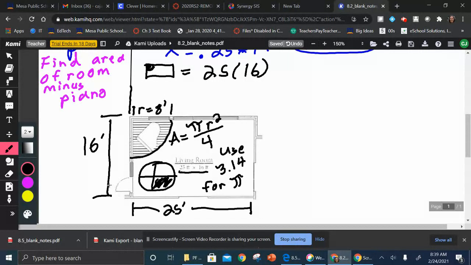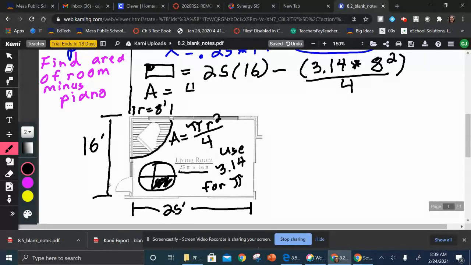So minus 3.14 times 8 squared divided by 4. So the area is going to be equal to 400 minus 50. So we get 350 feet squared. So 350 feet squared of carpet is needed.